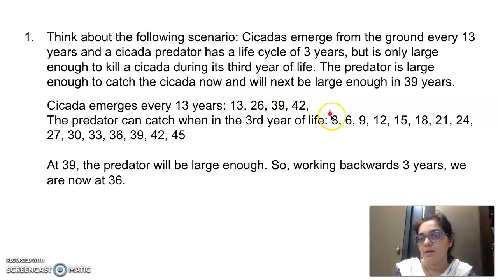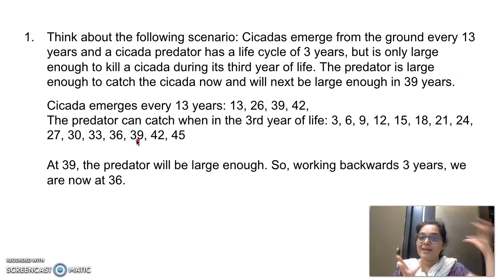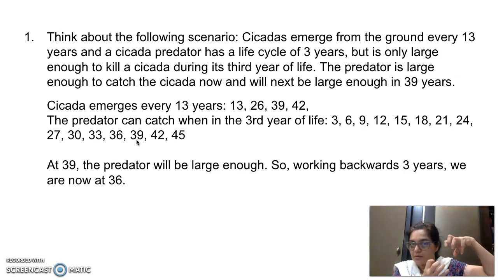This is 3, 6. These are multiples, correct? Now when is the life cycle of this and this matching? What is the common number? It is only at 39 years where this is being born and this is the catch. So it is only at 39 years that the attack is happening.